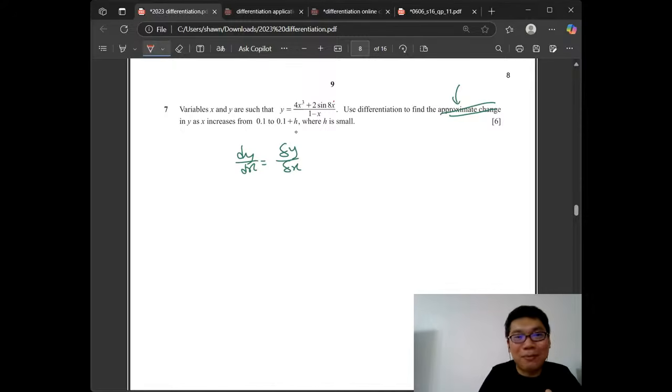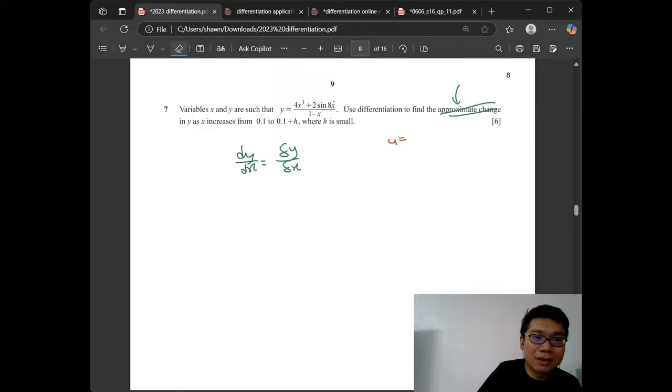You deserve some mark for finding dy dx, but after this, no. You must know this. So this question is again testing whether you know how to do this u and v. Let me write down here first.